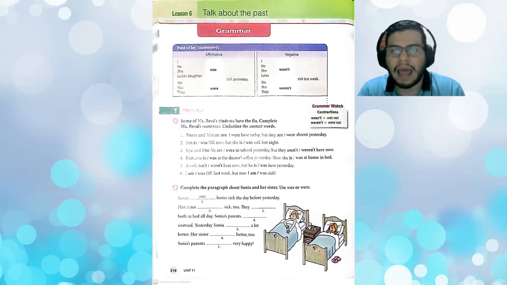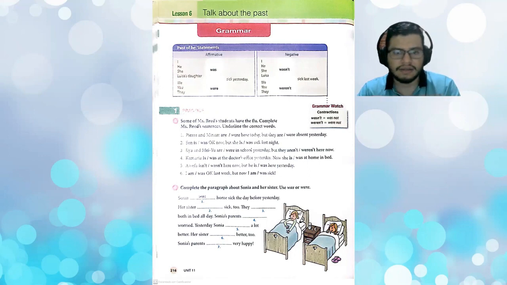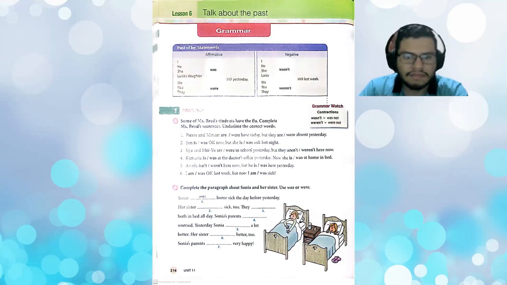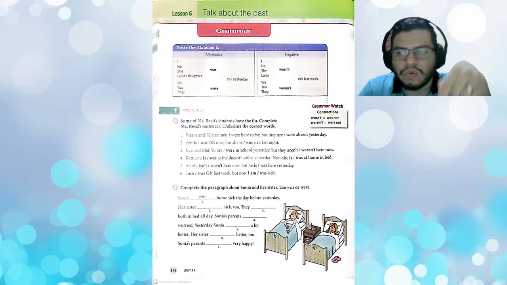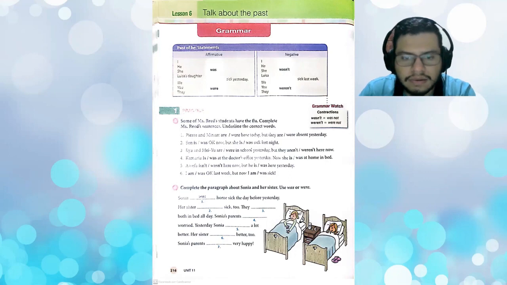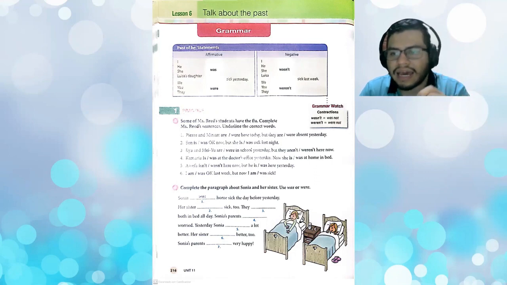They were absent yesterday because this is an action in the past, an action that happened yesterday. They weren't here yesterday. Then she is okay now, right now, ahorita. But she was sick last night.